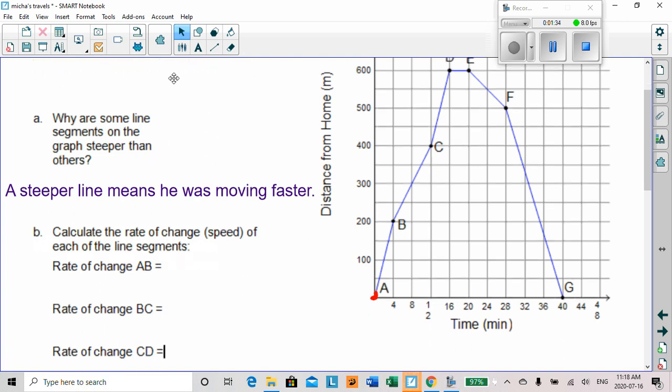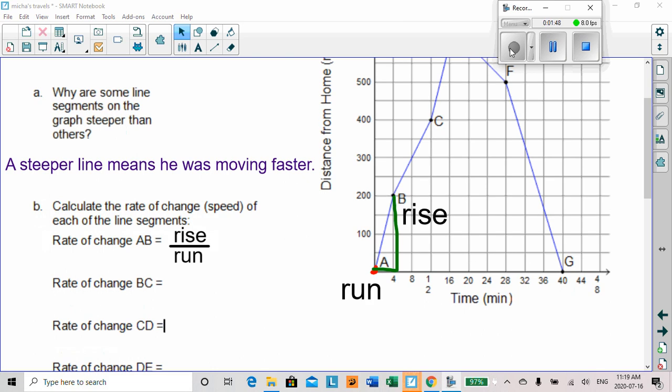What we do is we make what's called a rate triangle. So on my graph, I draw a little right-angled triangle from A to B. We call the vertical distance the rise, and we call the horizontal distance the run.